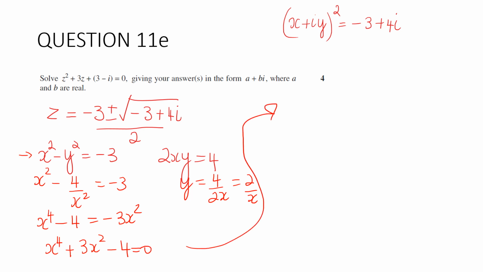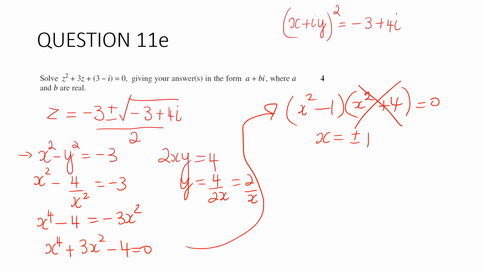Alright, up here, let's factorize. x squared, 4 and 1. We want the bigger one positive. Right, we'll get no solutions from that because remember x and y are real. So x is equal to plus or minus 1. Substituting in here, y is equal to plus or minus 2.